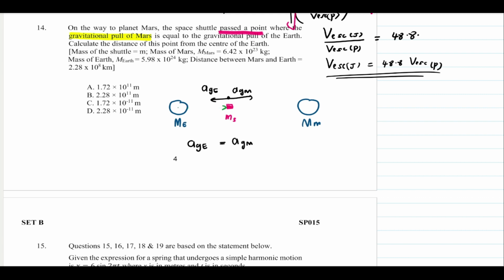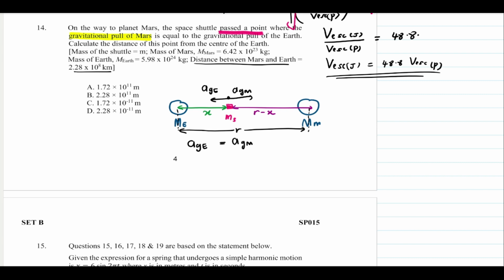So sebenarnya yang kita ukur tu daripada center of the Earth. So X. Dan jarak antara sini ke sini, kita tak tahu. Saya namakan dia R minus X. Di mana soalan bagi kita distance between Mars and Earth. So distance yang diberi itu mestilah daripada the center of the Earth to the center of the Mars. And this is given R.